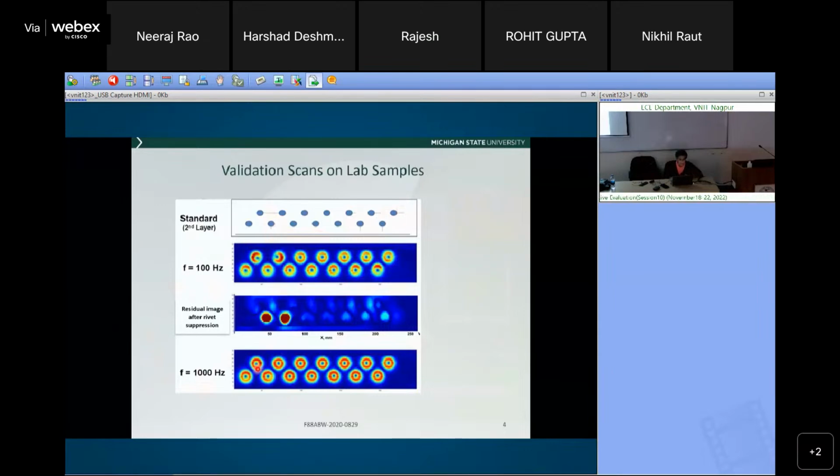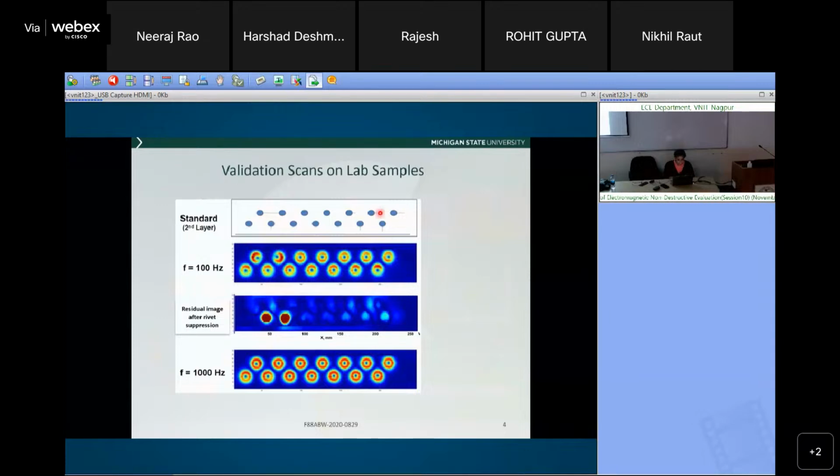Okay, so we took these two and combined them in such a way that the rivet signals are subtracted out, and all this can be done in hardware. So out comes this image, which shows this connecting crack, and this little one is also shown over here.